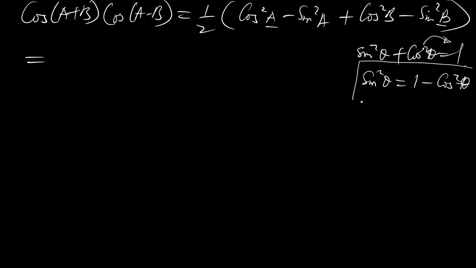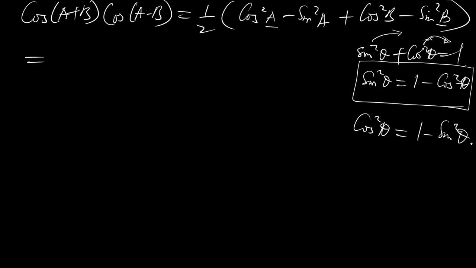This is an identity. Now if you leave this one and move the other, you have cos square theta equal to 1 minus sine square theta. We're going to use these two expressions to simplify this further.